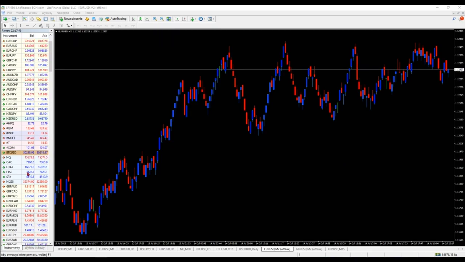So what is it all about? We know that from the bigger perspective, we have the rally on the euro dollar, especially with the break of the 112. So what we are looking for on the chart is some kind of consolidation with the upside break, and we are looking for the retest.